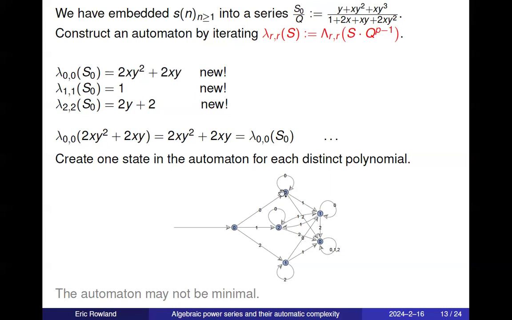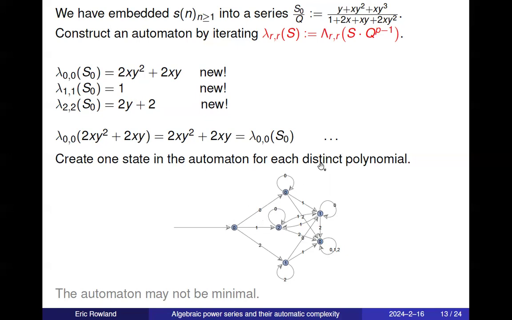This polynomial will be the representation of this state. When you apply 1, you get a different polynomial. So that'll be the representation of this state. And when you apply 2, you get yet another polynomial. So you get a representation of this state. So if you remember before, 0 and 1 pointed to the same state. Right. So they don't point to the same state anymore.